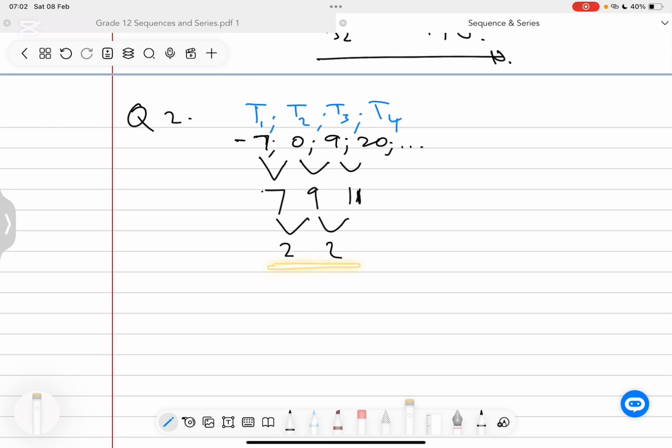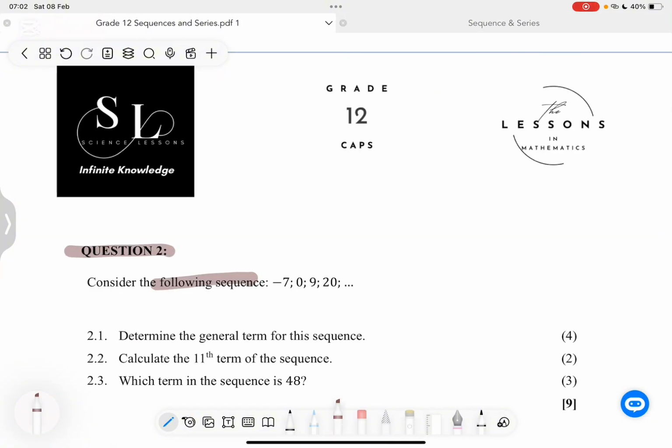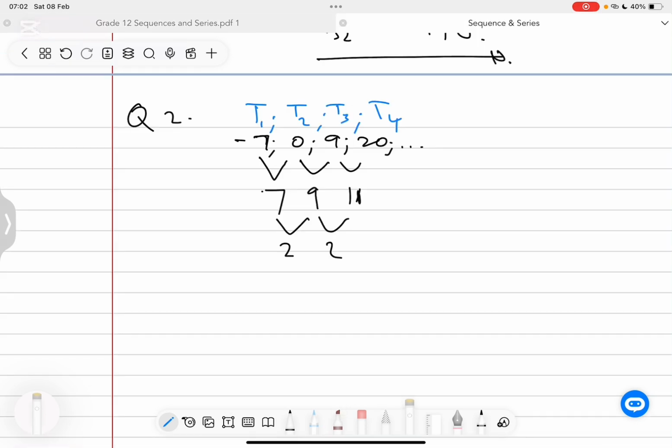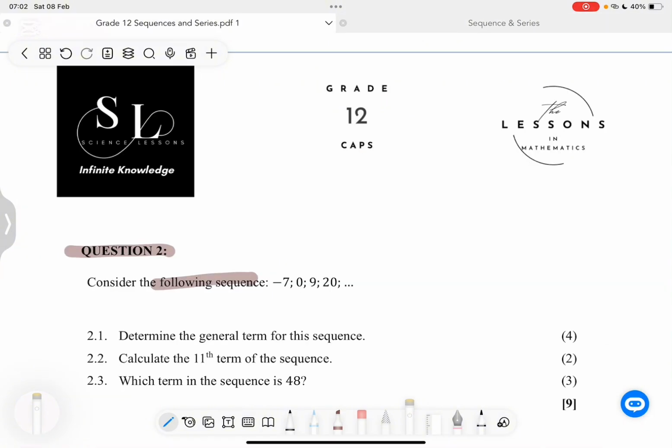We seem to have a constant second difference here, and we call this type of sequence a quadratic sequence. After considering this sequence, we were able to deduce that it is a quadratic sequence.